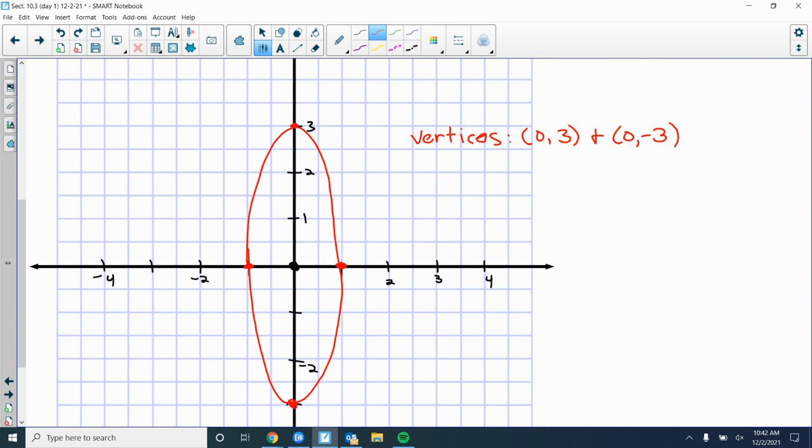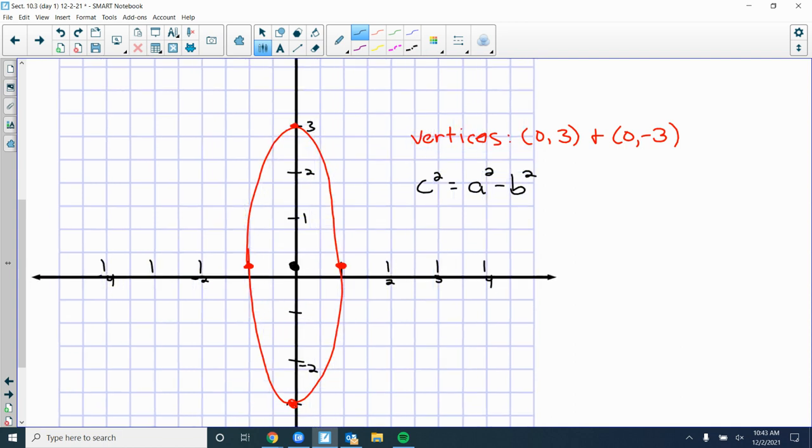All right, what's the only thing we're missing that it asks for? The foci. You can't tell where they're at at this point, even though those are the 2 key points. How do you find them? Well, what's that little equation we have? c squared equals a squared minus b squared.